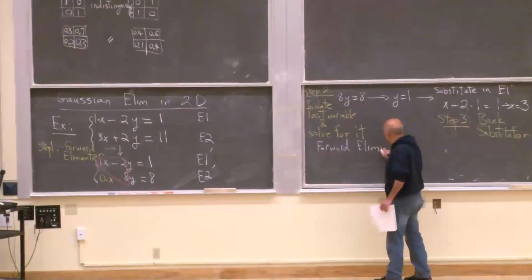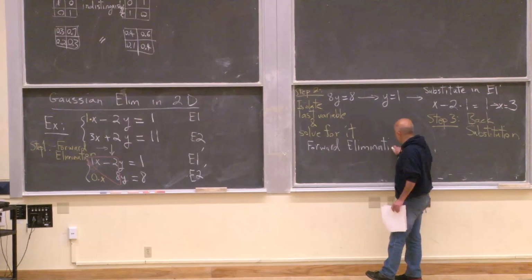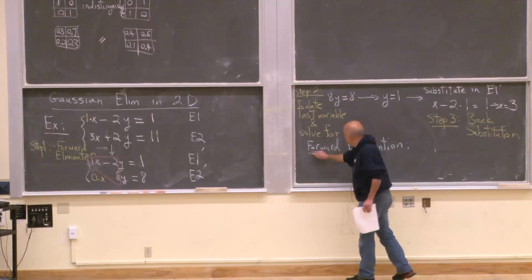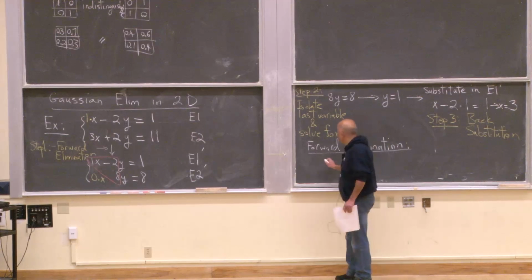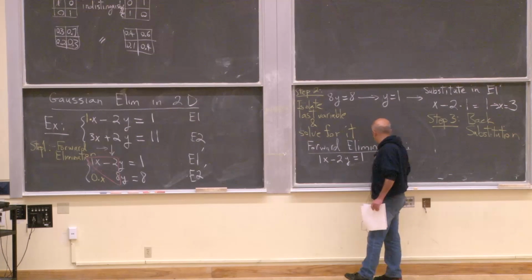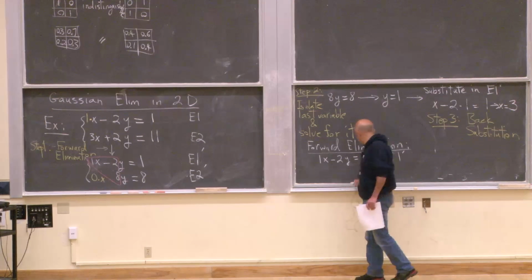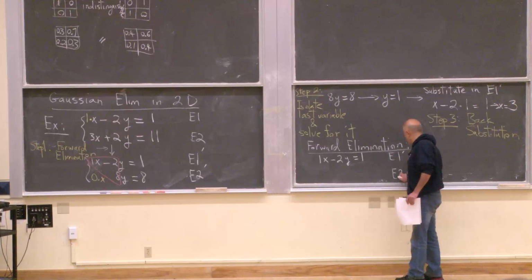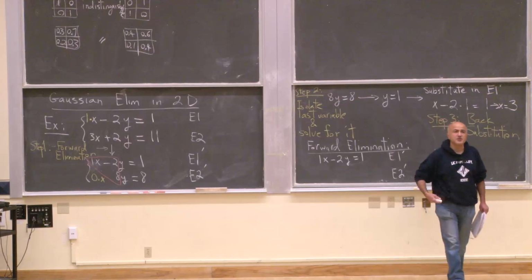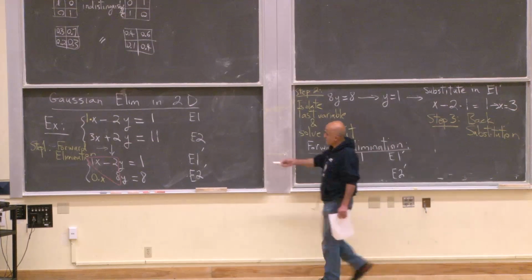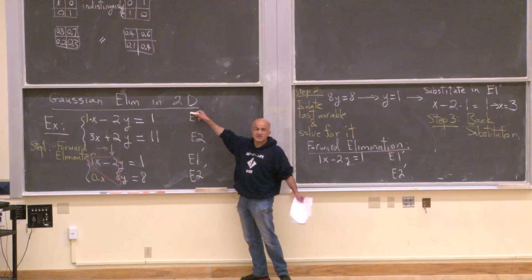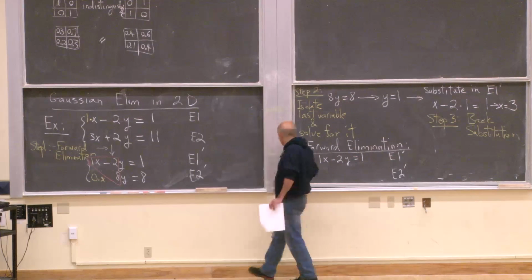What did I do with my 2 equations? In other words, how did I get my equation 2 prime? Equation 1 prime is the same as the first equation. That doesn't change. That always stays.